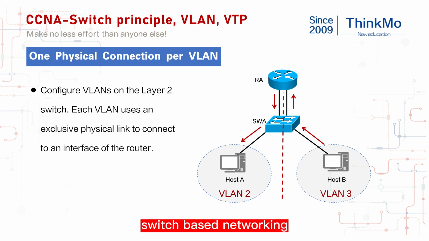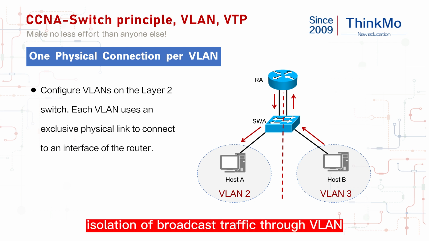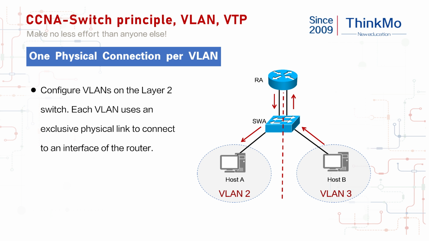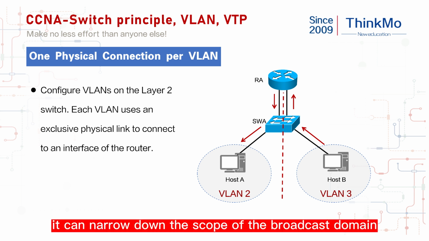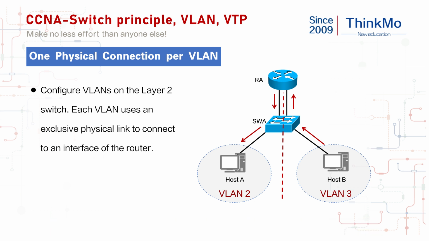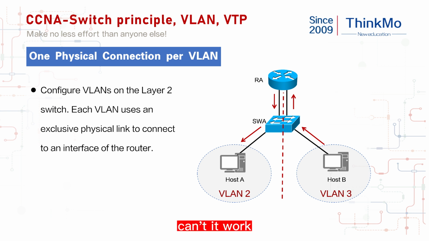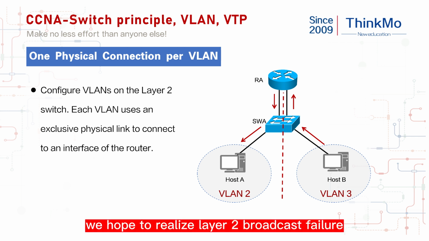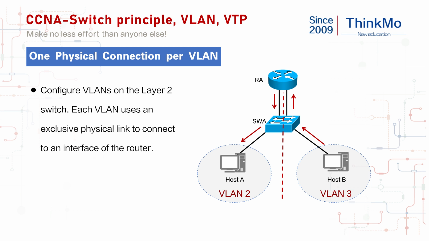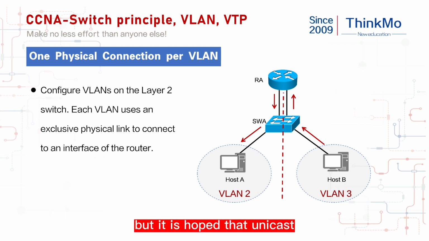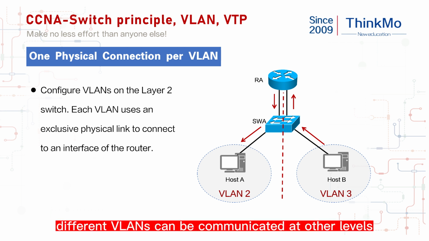In switch-based networking, isolation of broadcast traffic through VLAN narrows down the scope of the broadcast domain. What if unicast communication is desired between devices across VLANs? Can't it work? That is to say, we hope to block layer 2 broadcast, but hope that unicast between different VLANs can be communicated at other levels.